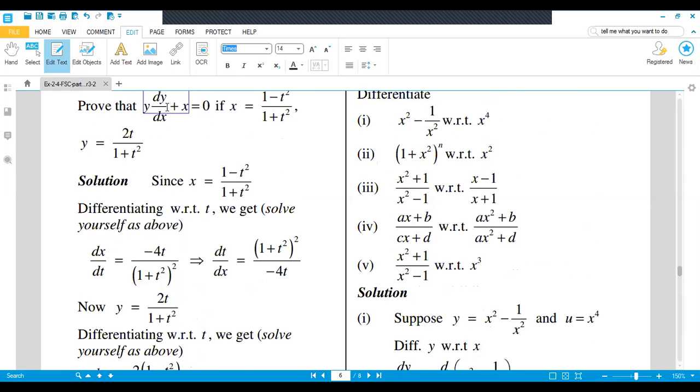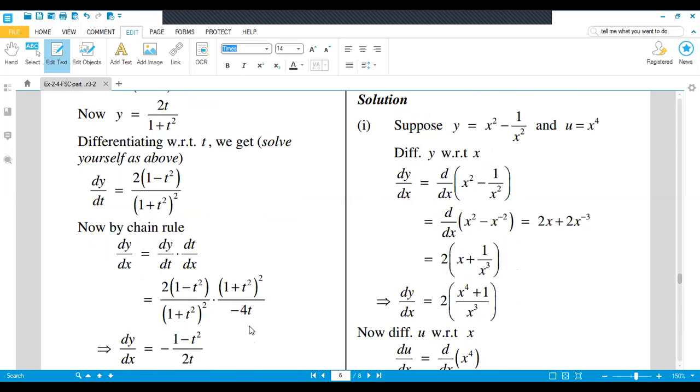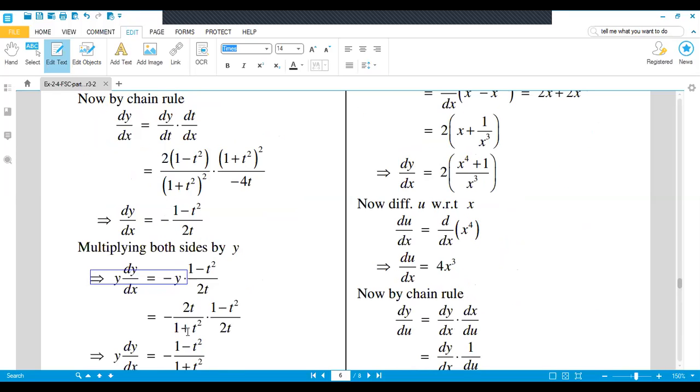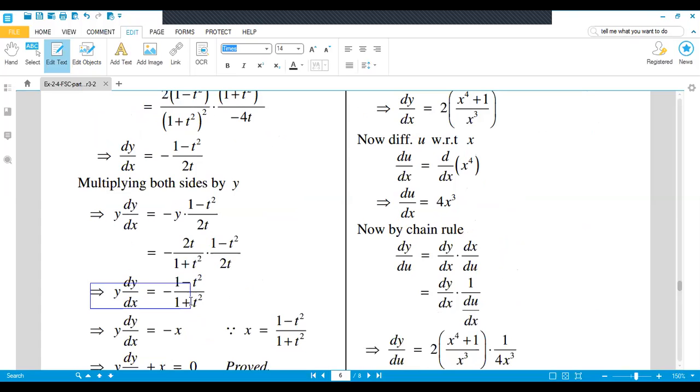And now if you check here, y is multiplied with this. So you will multiply y on both sides. When you put the value of y, 2t cancels with 2t and you get 1 minus t square divided by 1 plus t square.